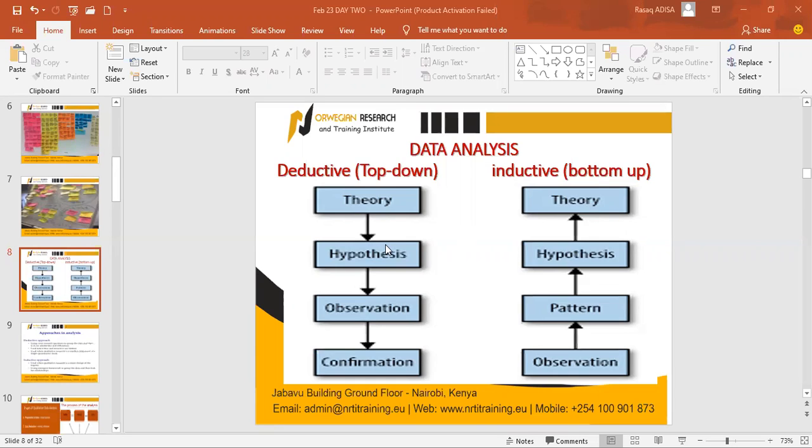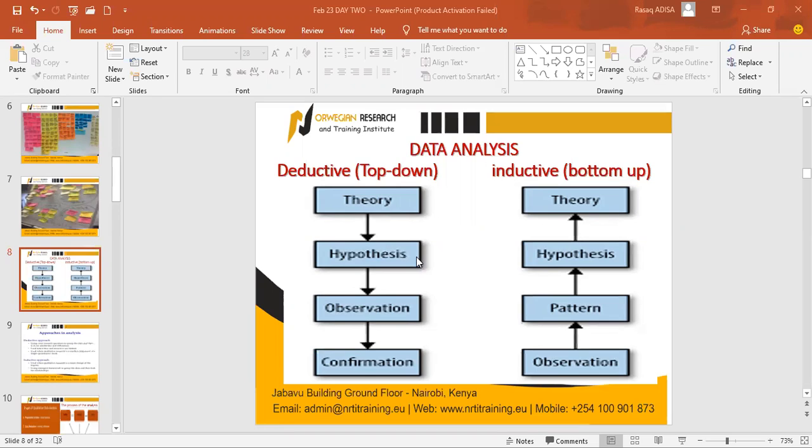But where theories have talked about the impact, where scholars have written journal articles, people have published on the impact of climate change, we can borrow that and use it. That will now become a deductive and inductive approach. That means we combine both deductive and inductive to do our research.